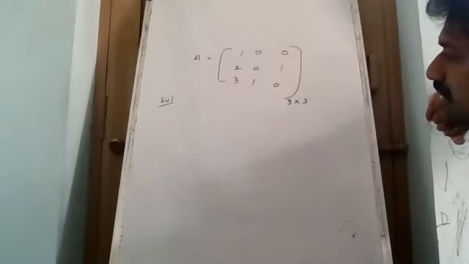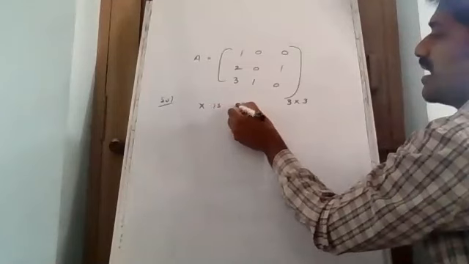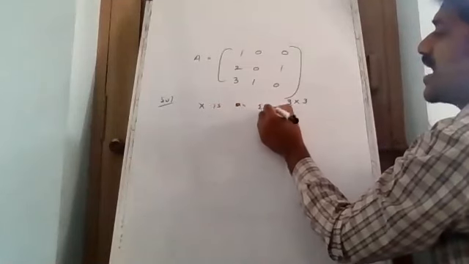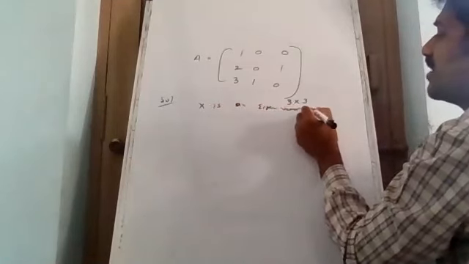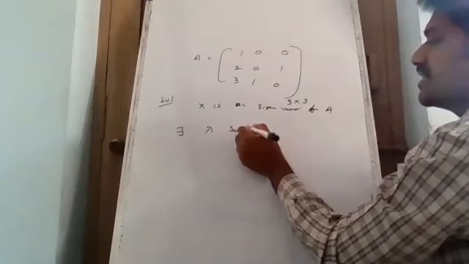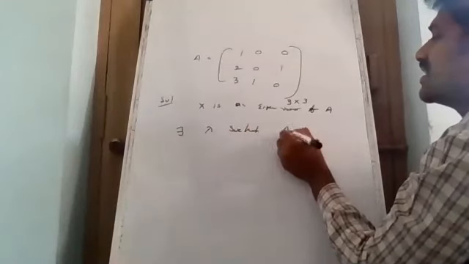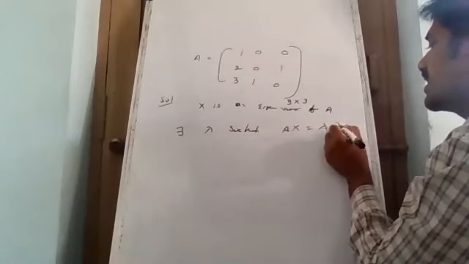Now if capital X is an eigenvector of capital A, then there exists a lambda such that Ax is equal to lambda x. That is, (A minus lambda I) into x is equal to 0.